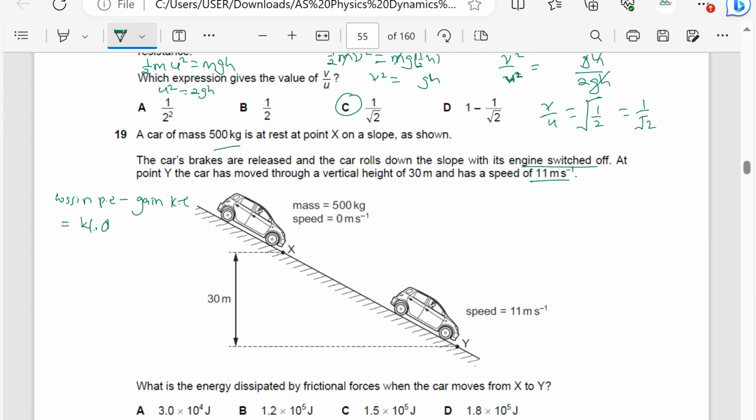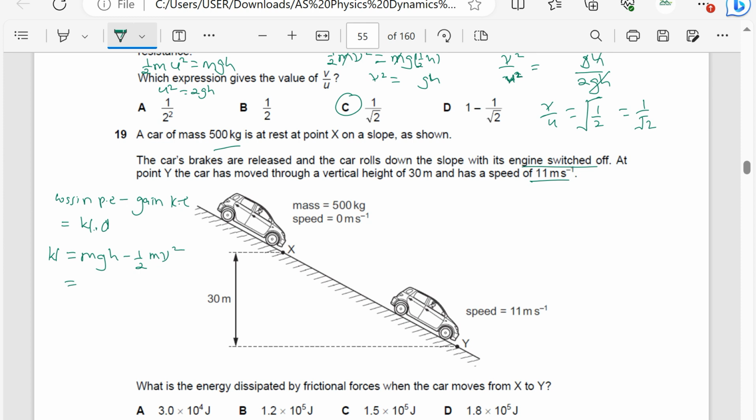Of course, the loss in gravitational potential energy is mgh, and the gain in kinetic energy is a half m v squared. So this difference should be equal to the work done against friction. So the work done against friction, or the energy dissipated, is going to be mgh minus a half m v squared, the gain in kinetic energy.